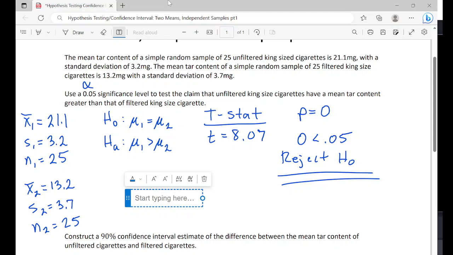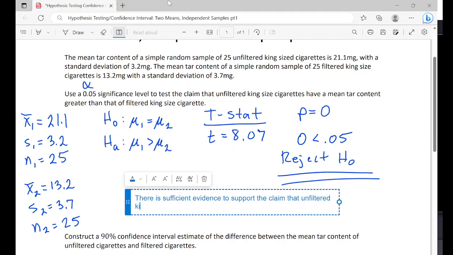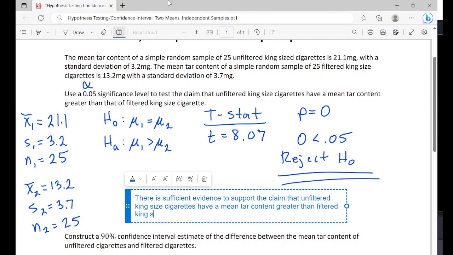So there is sufficient evidence to support the claim that unfiltered king-size cigarettes have a mean tar content greater than filtered king-size cigarettes.